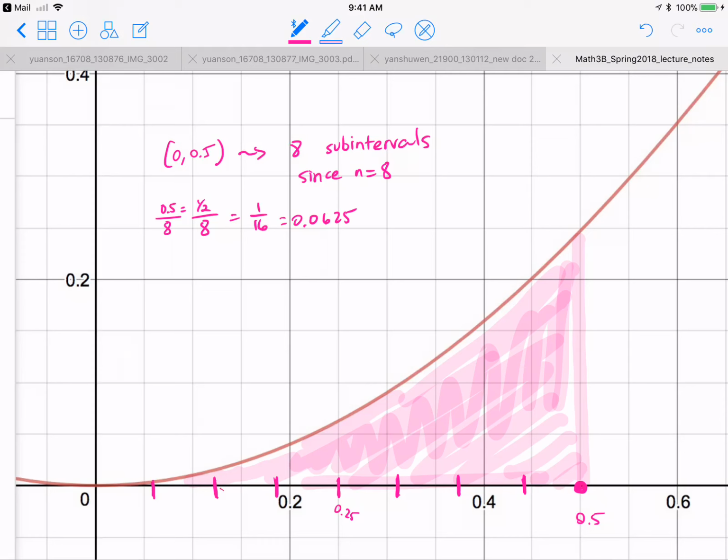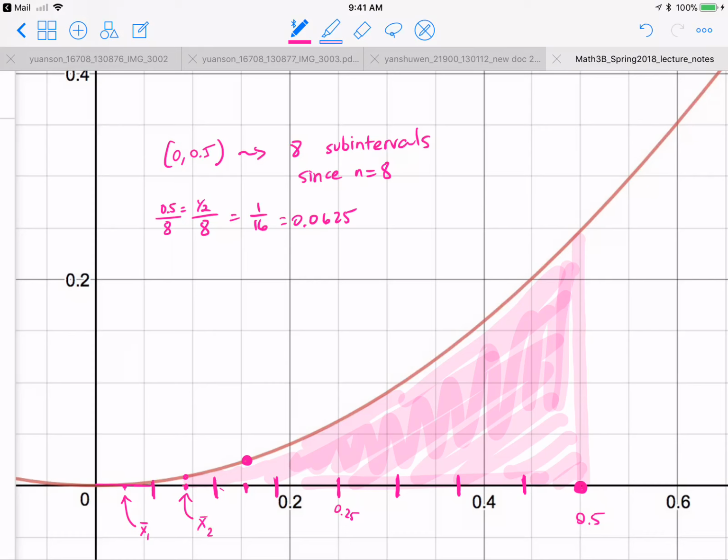Now that we have our rectangles, we would need to find the midpoint of each rectangle and then evaluate it. So x1 bar is right here, and the height is so close to 0 it barely is noticeable. Now the midpoint here, we're just estimating, is x2 bar.